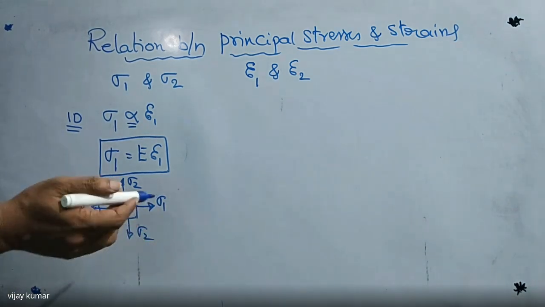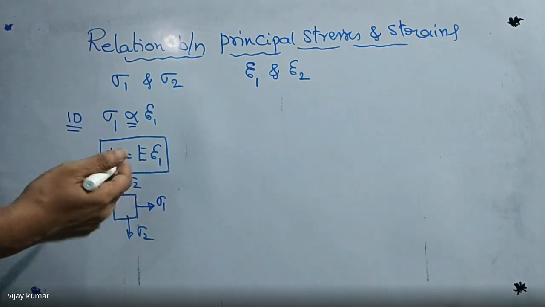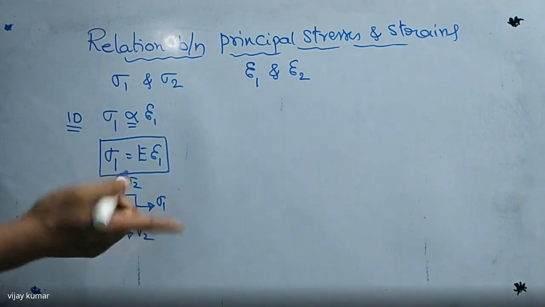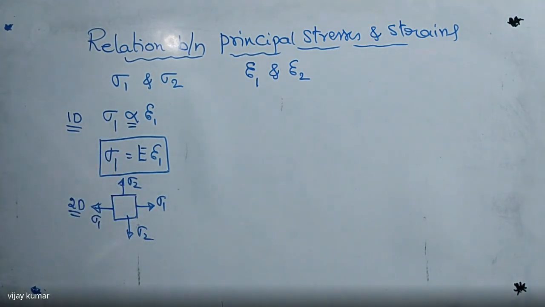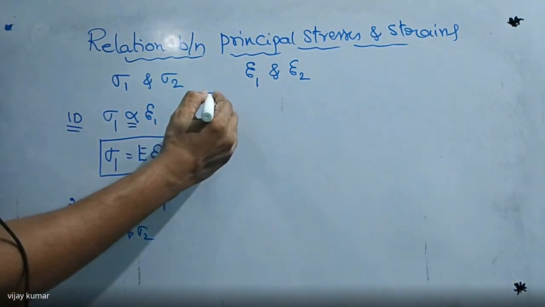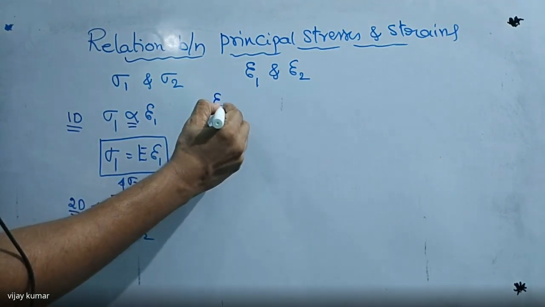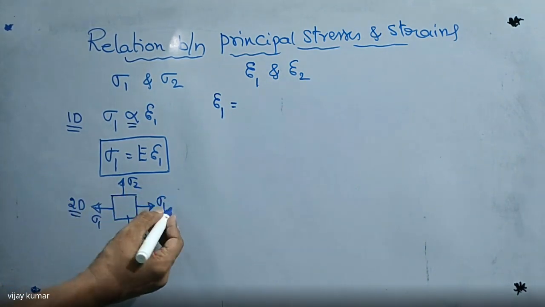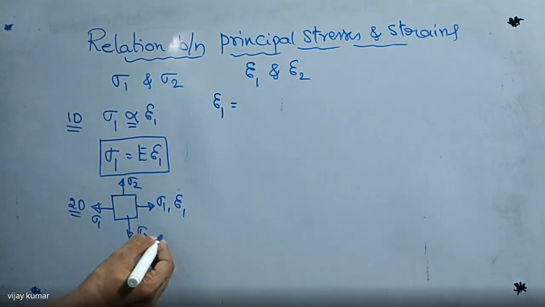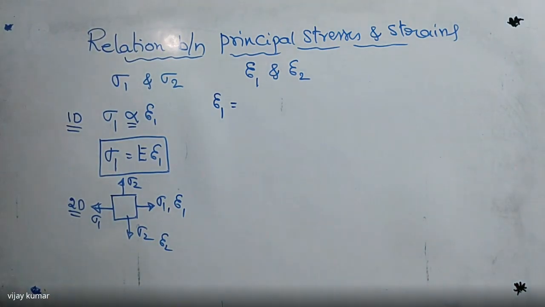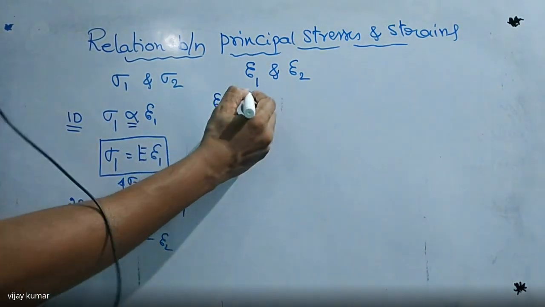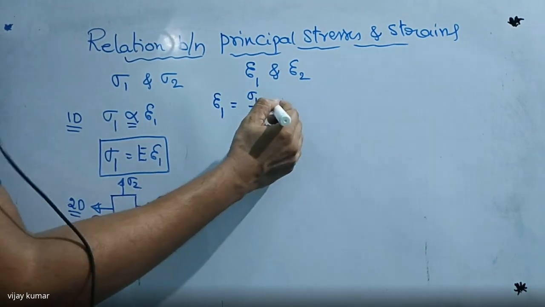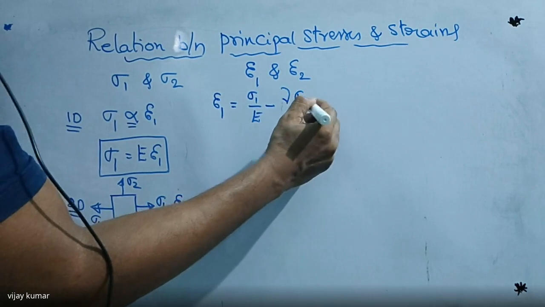We are applying the force only along the x direction, but we are getting two types of strain along x and along y. One is linear, one is lateral. So what is the formula for that? I am writing here the total strain along the x direction, that means epsilon 1, and along y, epsilon 2. So epsilon 1 equals sigma 1 by E, that is the linear strain along x, minus the lateral strain along y.